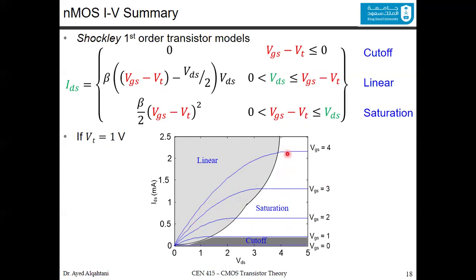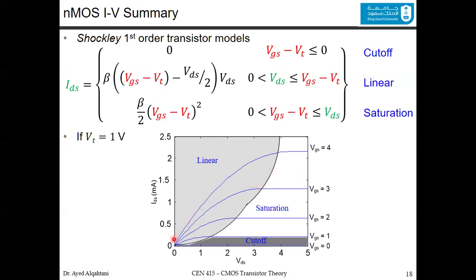Now, you can see that these parts here, when the VDS saturates, are the saturation regions. So you have the saturation region here, here, here, and also there. This is why we say that all of these regions here are the saturation. Even if you choose VGS 3.5, for example, you will have the saturation somewhere here.